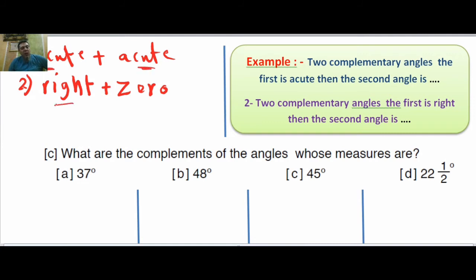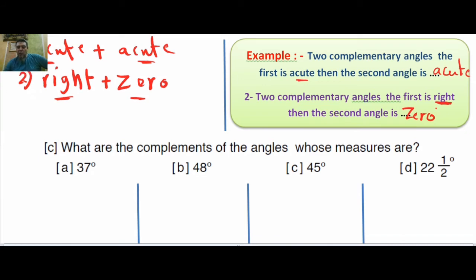In this example, two complementary angles, the first is acute, then the second is acute angle. In the second example, the first angle is right, so the second angle is a zero angle.